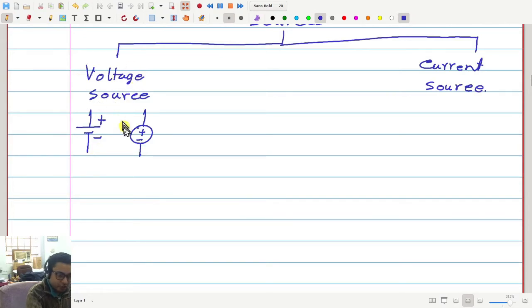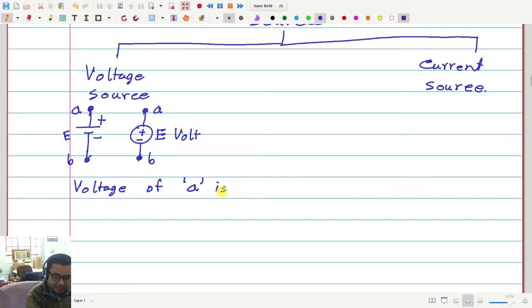The main property of a voltage source is that if the two ends of the source are called node A and node B, and the value of this source is suppose E volt, then the potential of node A is E volt higher than that of node B. That is for sure.